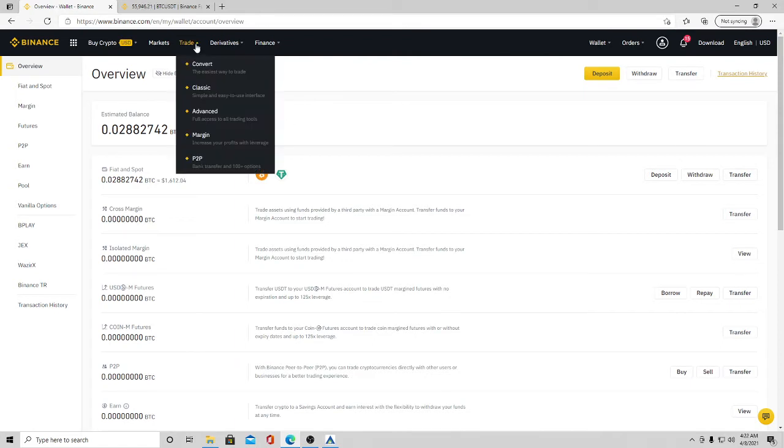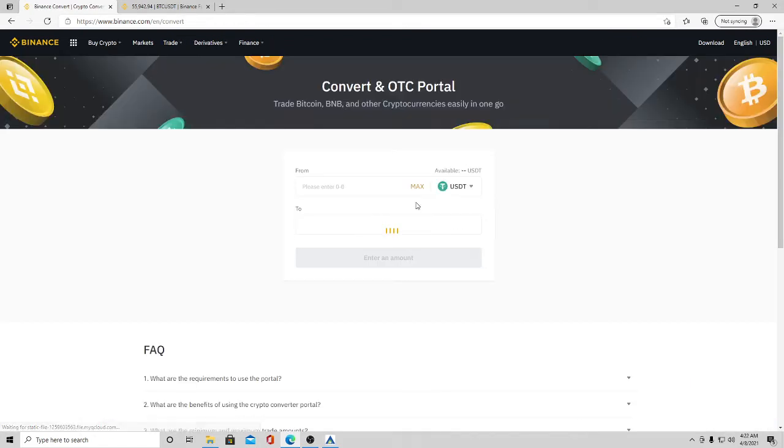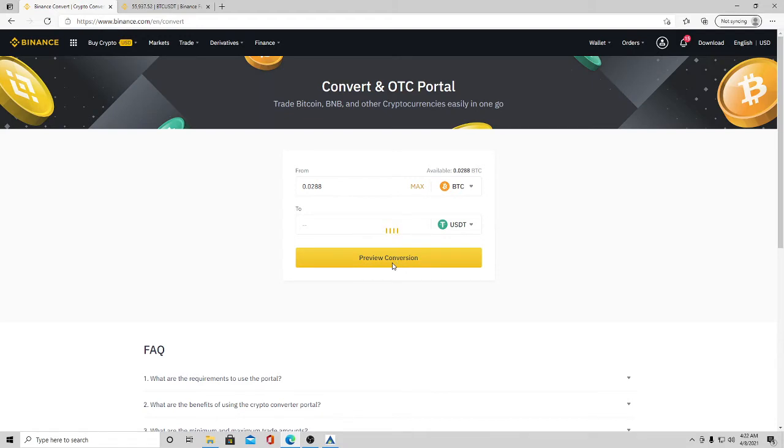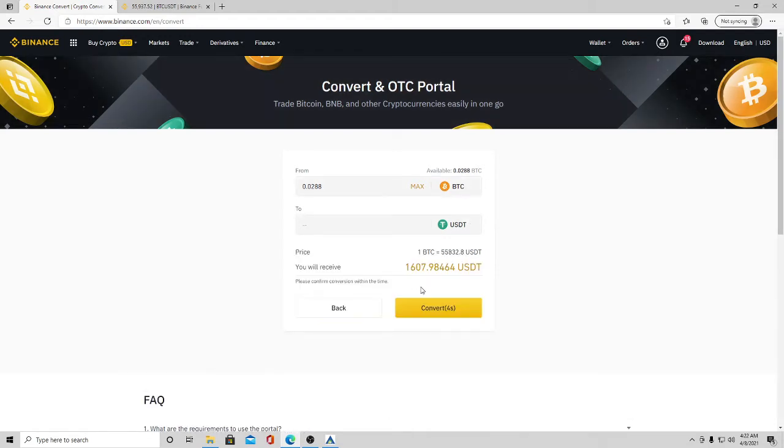So you just go to trade right up here, convert Bitcoin. I'm going to convert the entire amount, 0.0288. Tether, preview conversion, and there I'll get $1,607.